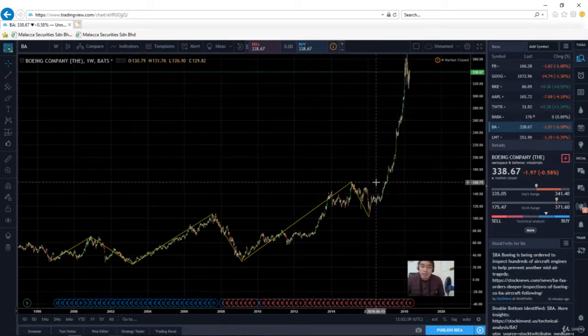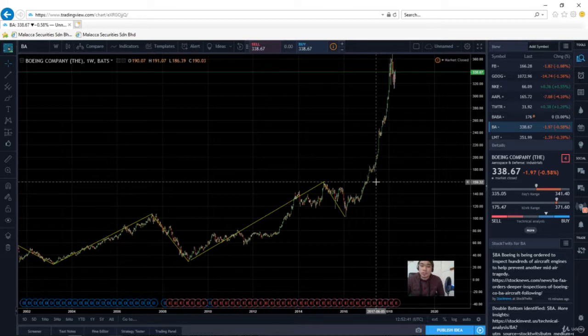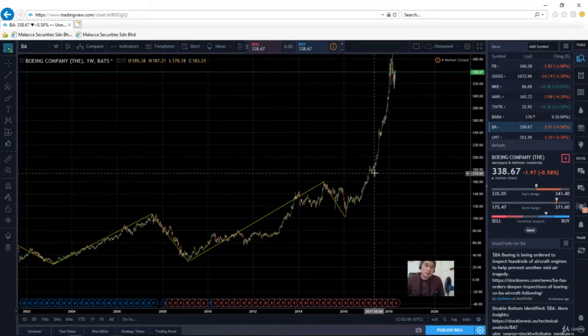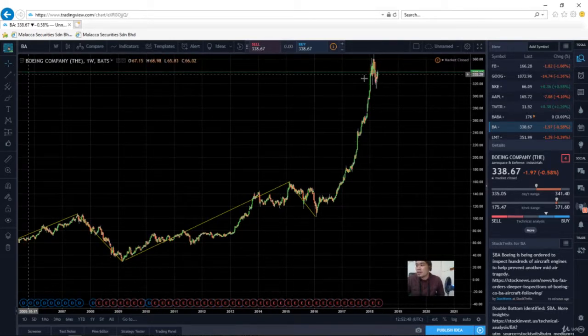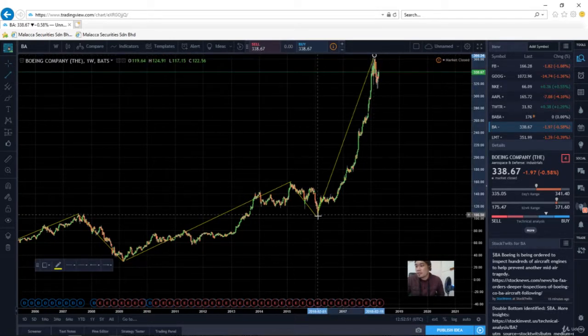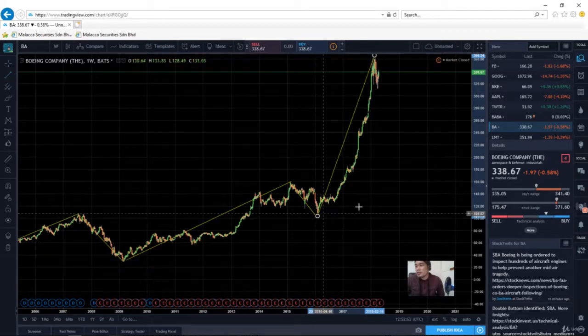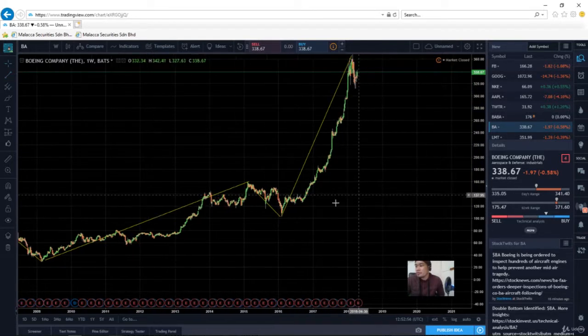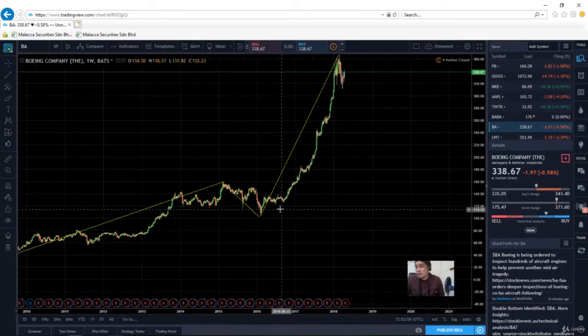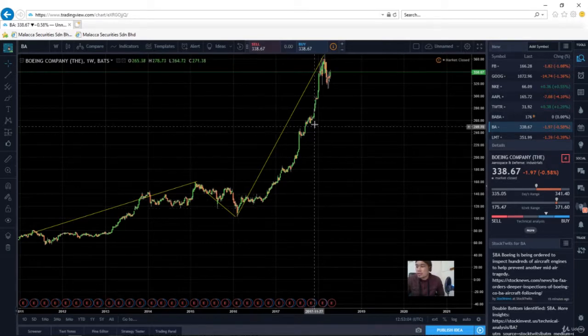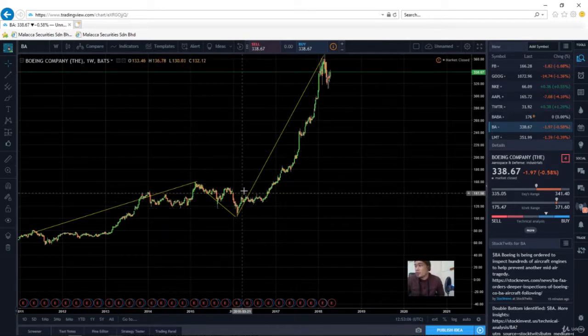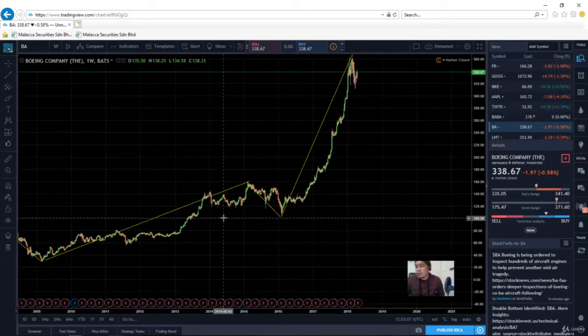And this Boeing chart shows an example where it goes way up above, and we can see that the buyers become more aggressive. From 2016 to 2018, it has moved around 300%.